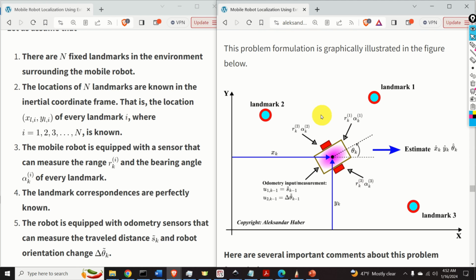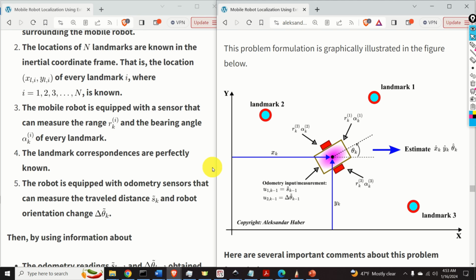Then, number 4, the landmark correspondences are perfectly known. Number 5, the robot is equipped with odometry sensors that can measure the travel distance, given over here, and the robot orientation angle, given over here.